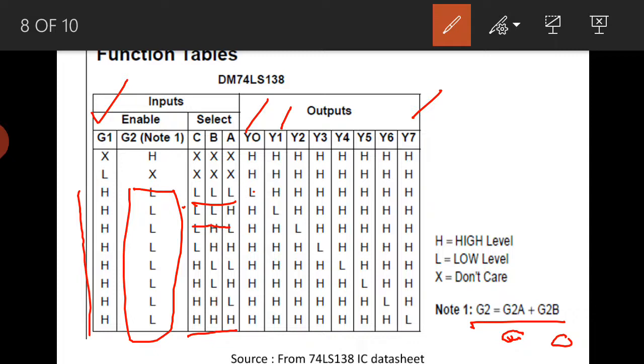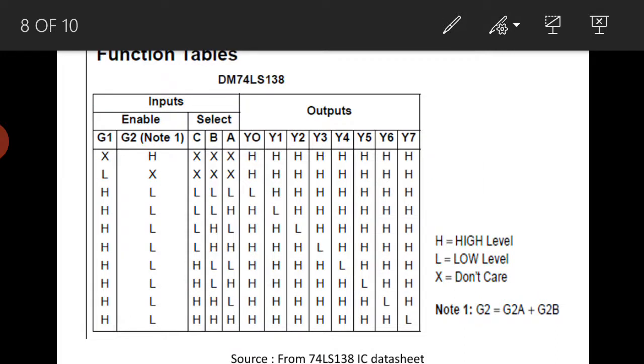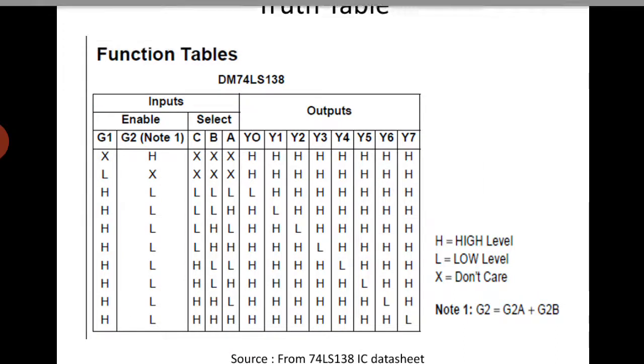Okay, suppose in case G1 is low, irrespective of the inputs, all the outputs will be disabled, means high. So they are not active, not any one of the outputs is active. Similarly, if G2 is high, the same case, all are high only, none of the outputs are active. This is how the 3 to 8 decoder will work with the 3 inputs.